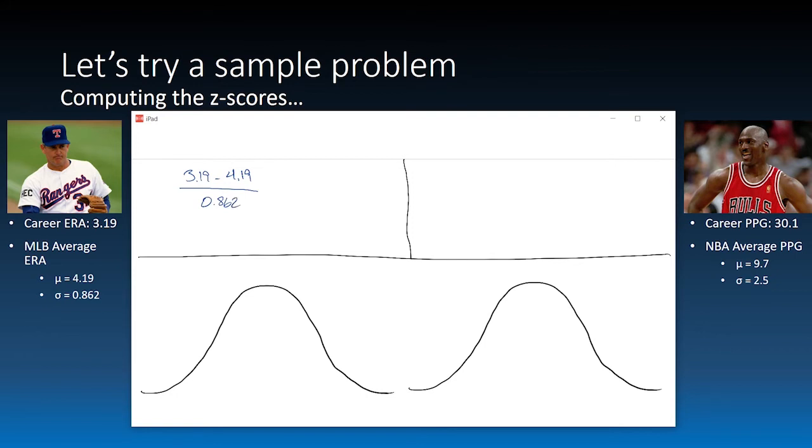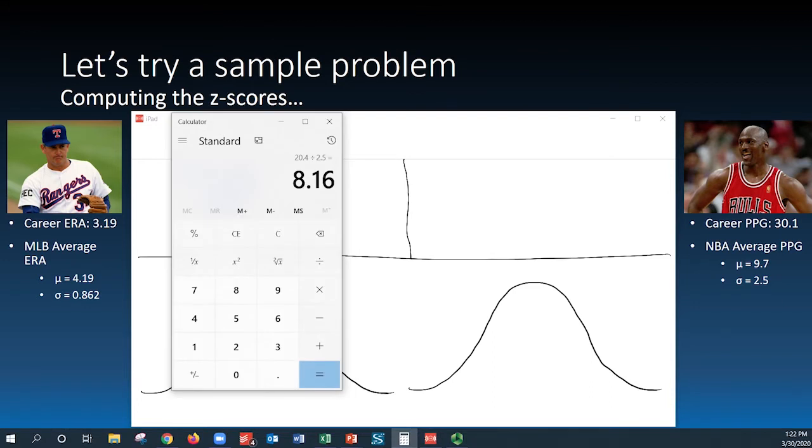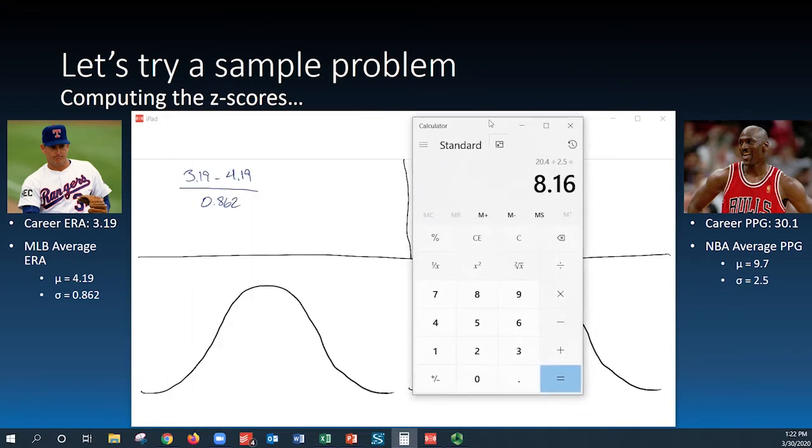So we've got 3.19 minus 4.19 divided by 0.862. And so his Z-score here is negative 1.16. And so that's what we're looking at.